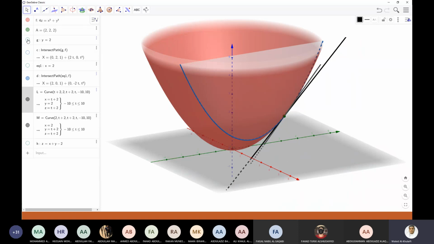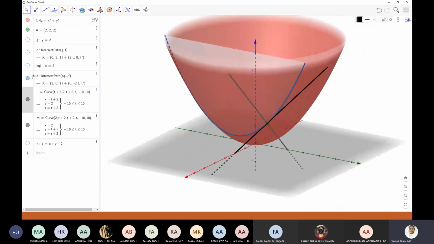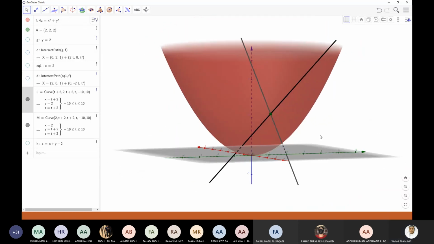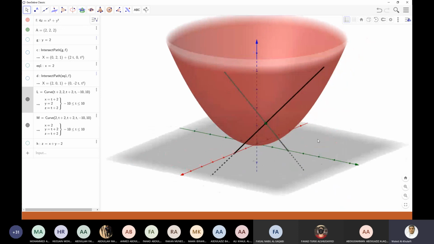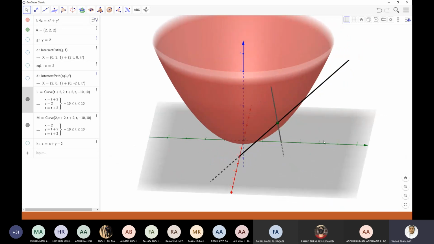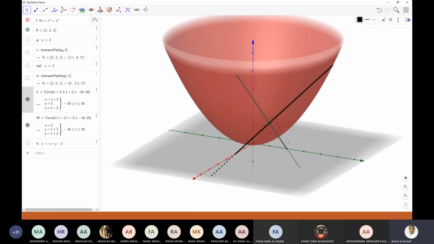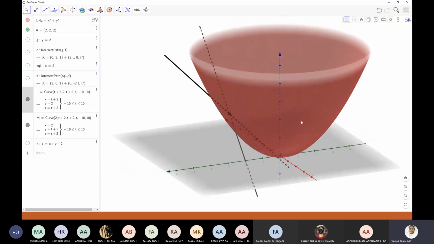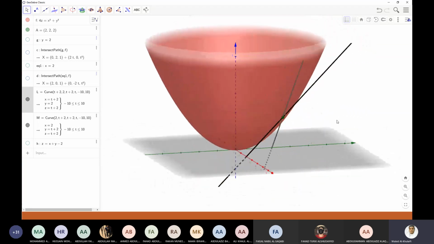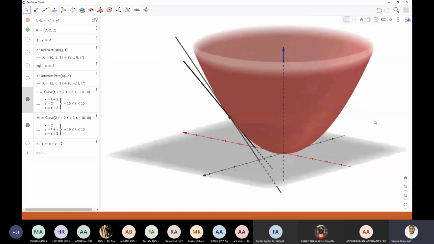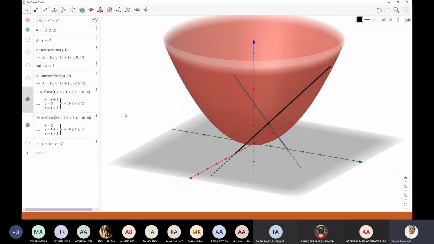Let me remove the plane, let me remove the intersection. Do you remember, guys, because we differentiate with respect to x and with respect to y, I have one tangent line and I have another tangent line, which is this one. Is it clear, guys? Any question here?